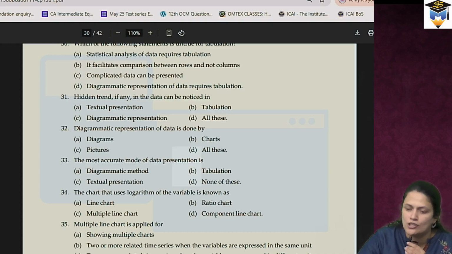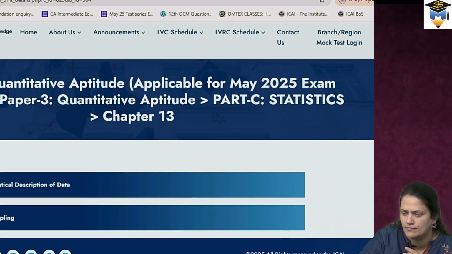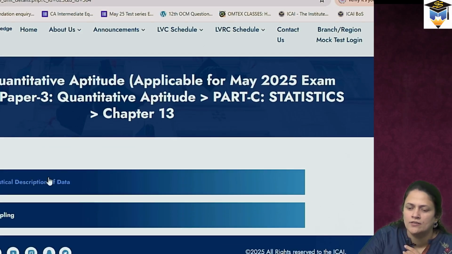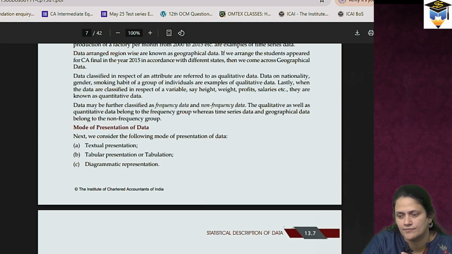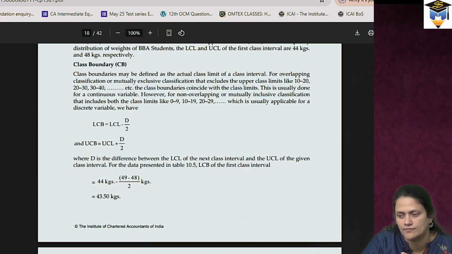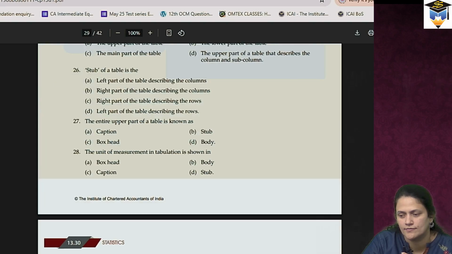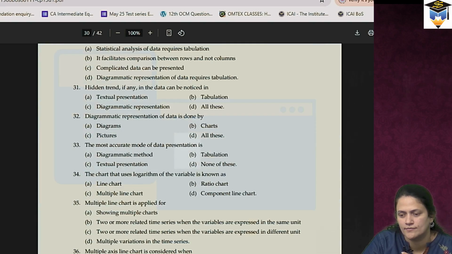34th. The chart that uses logarithm of a variable is known as?